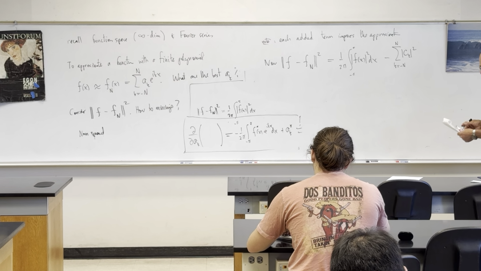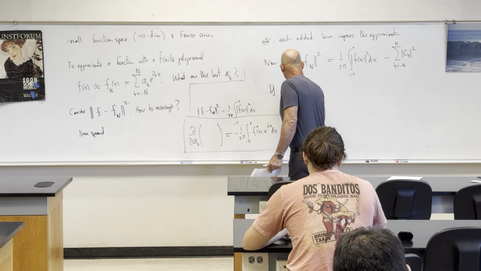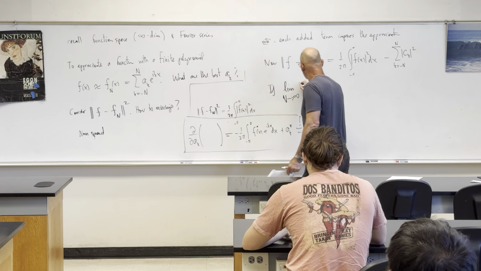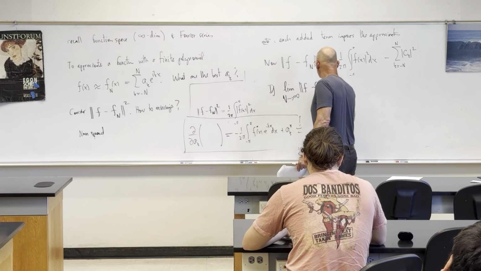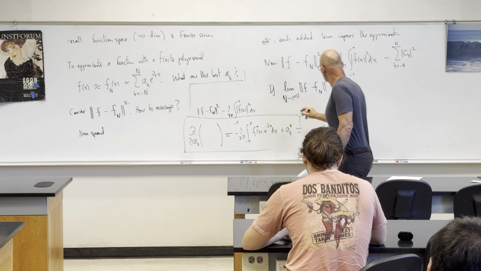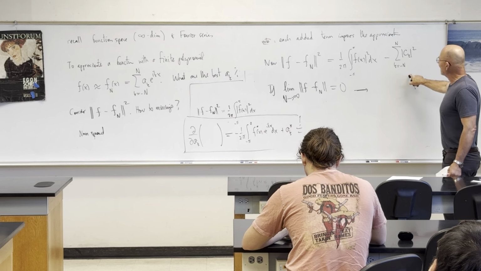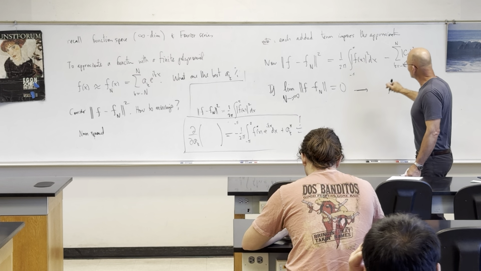In the limit, if as n goes to infinity, the norm of f minus f sub n equals 0, then we get a very interesting identity. Then the right side is equal to 0.